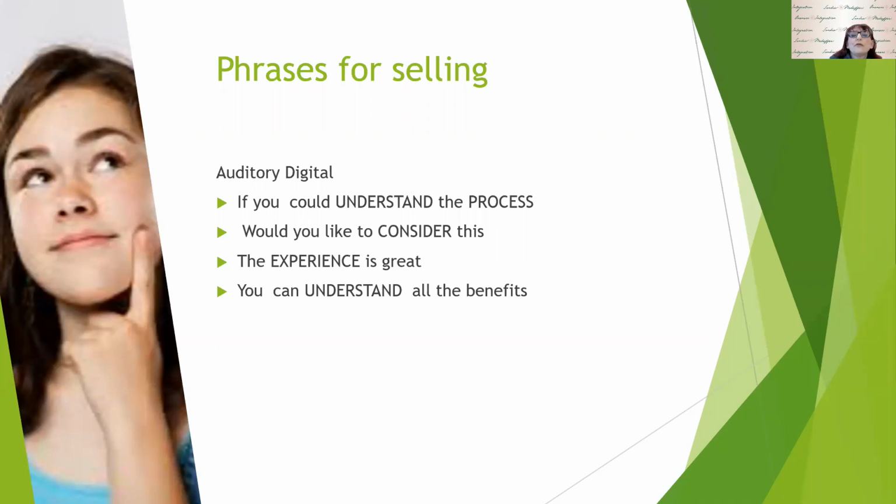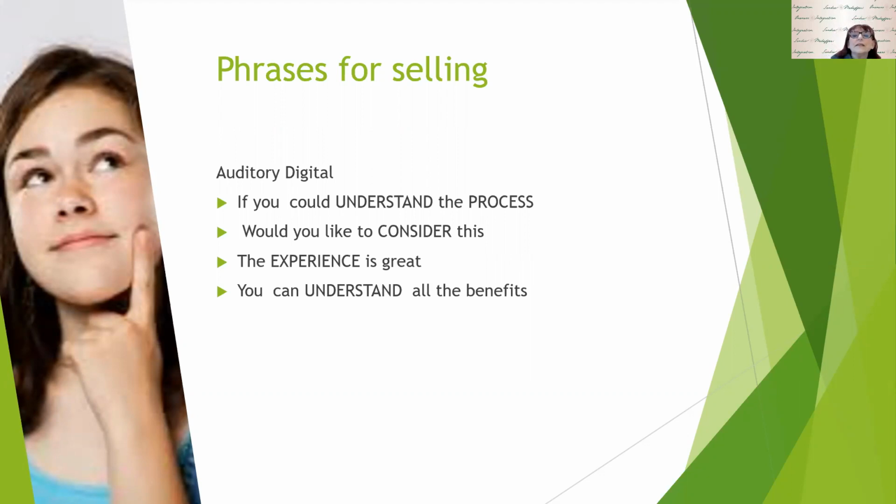So here are some of the phrases that you can use when it comes to being auditory digital. If you could understand the process. People who are auditory digital love processes, okay? And they need to understand everything. Would you like to consider this? Really important. They need to go through their own thinking process to understand whether it's something that they would like to do or not.